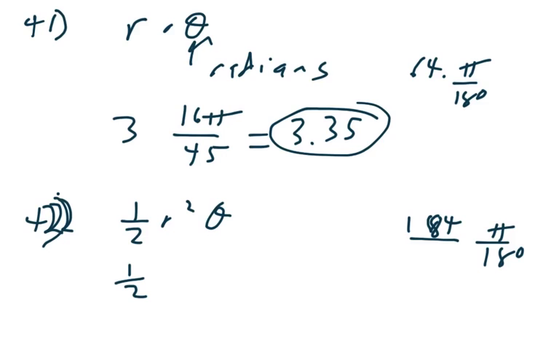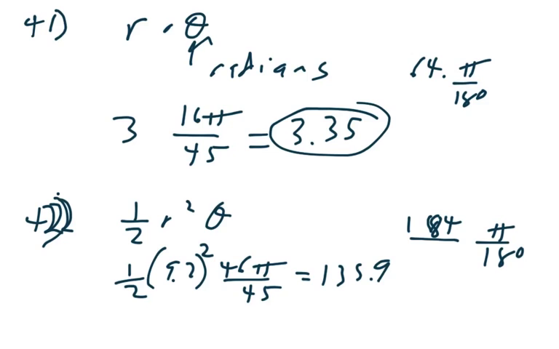So we got 1/2 times 46 pi over 45, and r this time is 9.2. So 1/2 times 9.2 squared times 46 pi over 45, rounded to the nearest tenth, is 135.9.